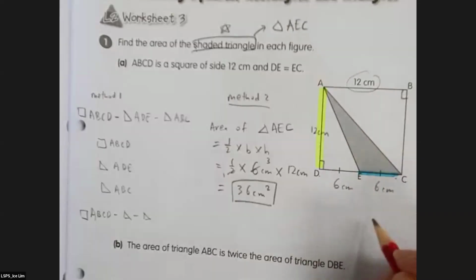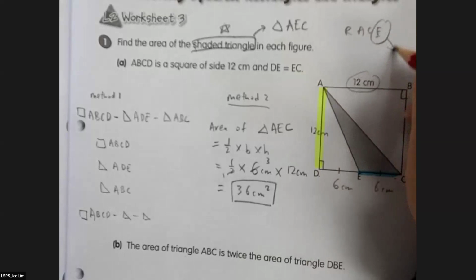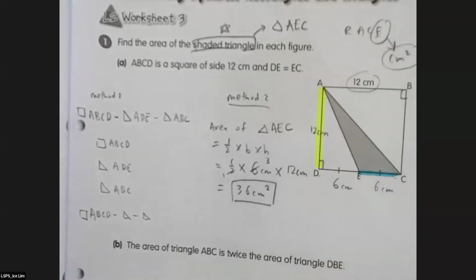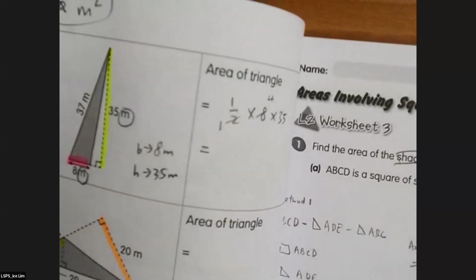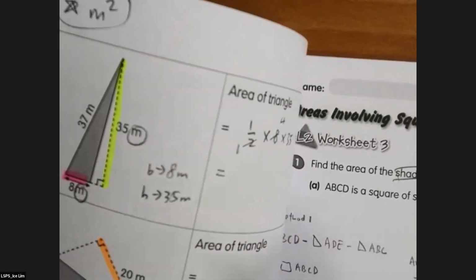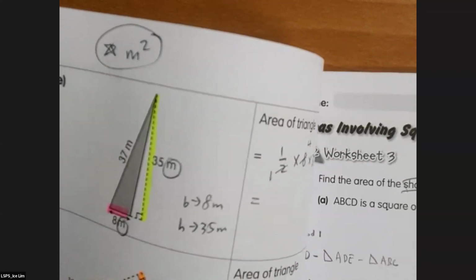And of course, one of the important things I must remind you: the unit here is square centimeters. Yesterday, our friends already made a mistake with this one. Because immediately the habit is cm square, then you never look carefully, it's actually meters here. So the answer should be in square meters. If you write cm square, you're minus half a mark already.